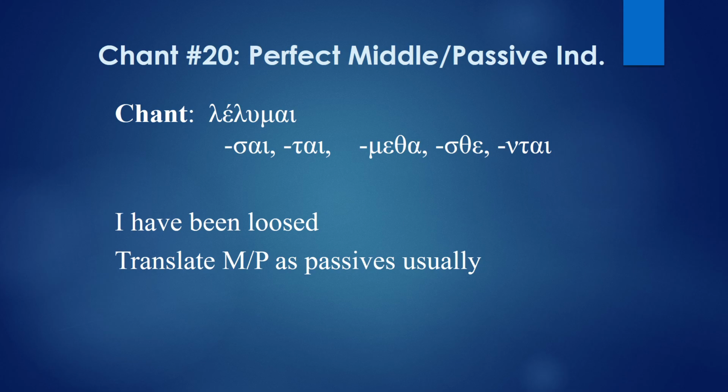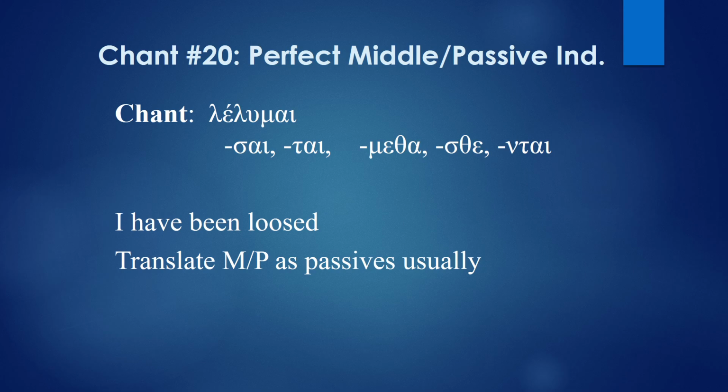Chant number 20, the perfect middle passive indicative verb. Lelumai, I have been loosed. The second person singular ending is sai, you have been loosed. Tai is the third person singular, he, she, it has been loosed.